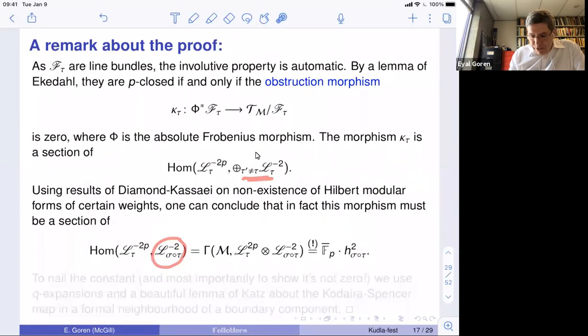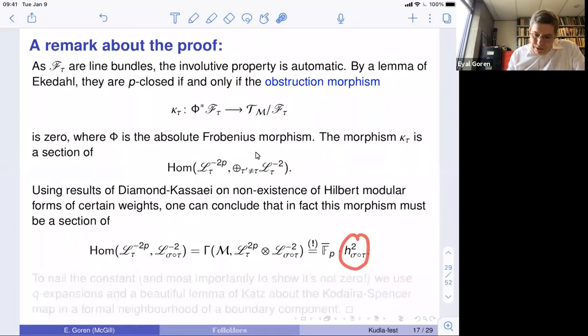And you take this to the other side. So you find that the obstruction is a certain scalar valued Hilbert modular form of a very particular weight, 2p minus 2, if you will, which is the same weight as this partial Hasse invariant.